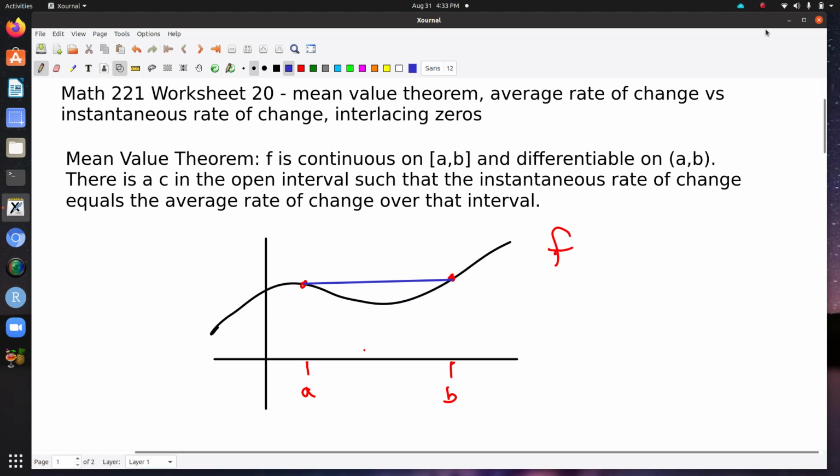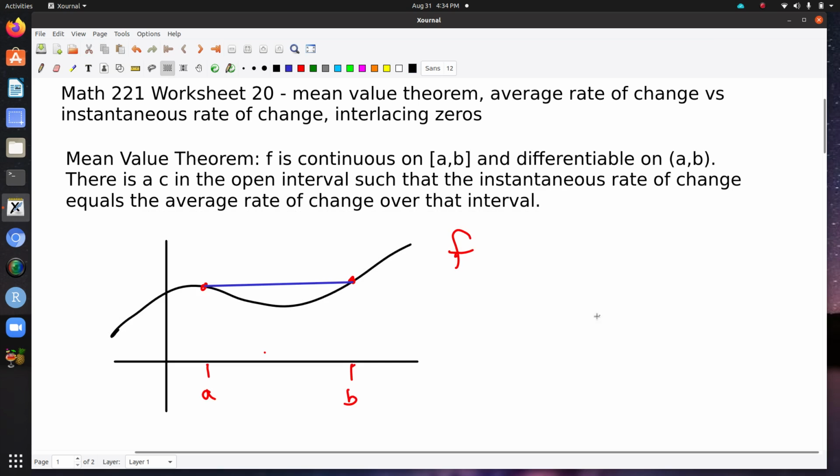Okay, so we should talk about the way we usually see this written, like in a textbook. We would say f prime of c, so that's the instantaneous rate of change, is equal to the average rate of change over that interval.